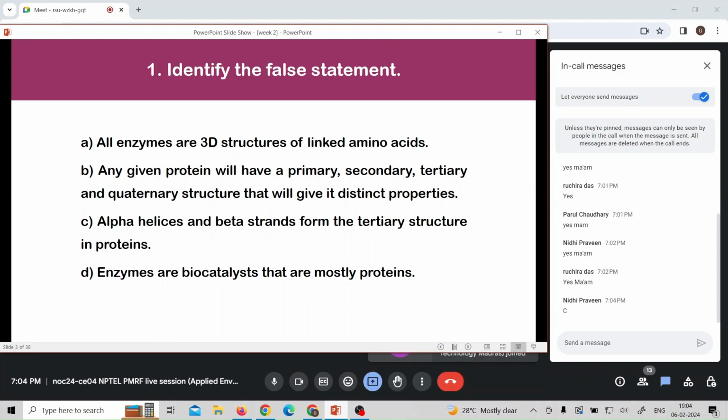Okay. And to any of you who is new to the session or to microbiology itself, you need not worry. We are just going to discuss all these questions and the concepts behind them.